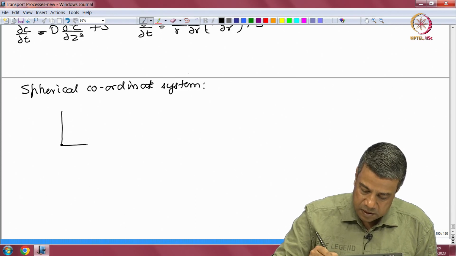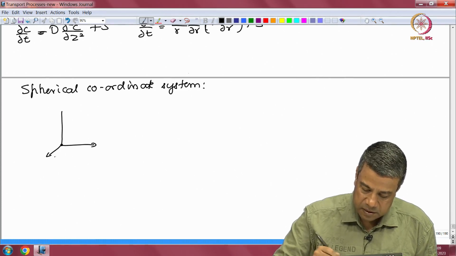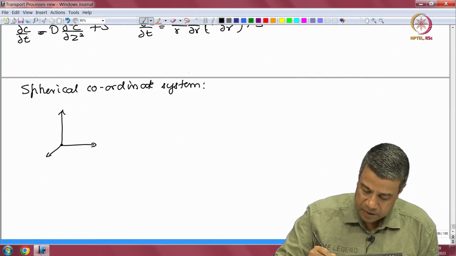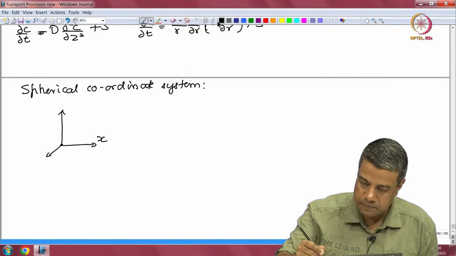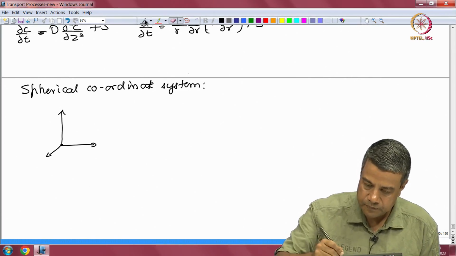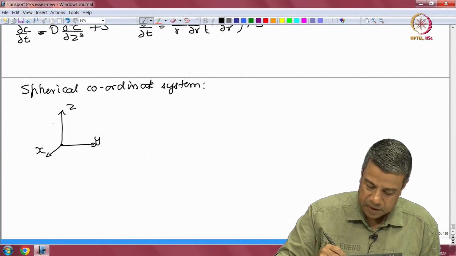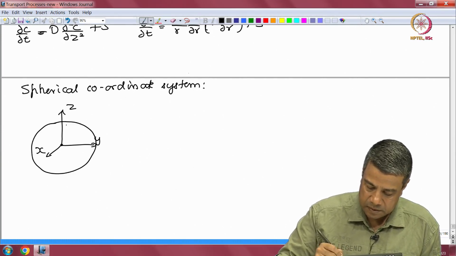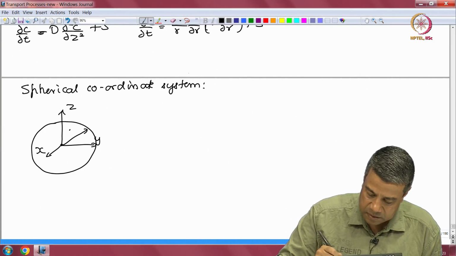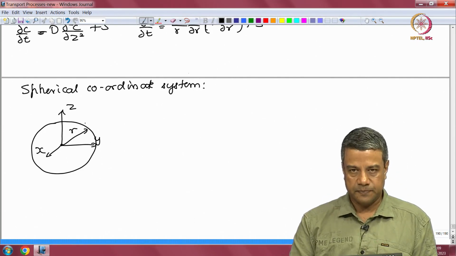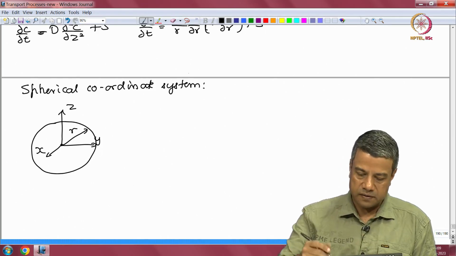So, you have a spherical particle. If I take a general 3-dimensional coordinate system, x, y, z, and if I have a spherical particle, one of the coordinates has to be the distance from the center r.